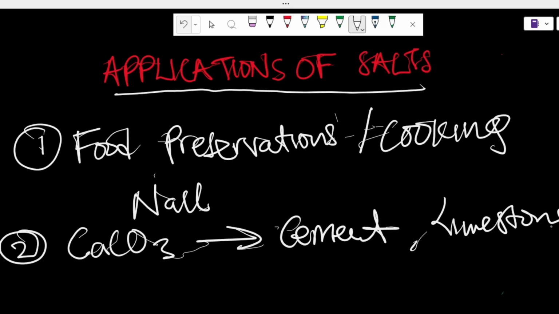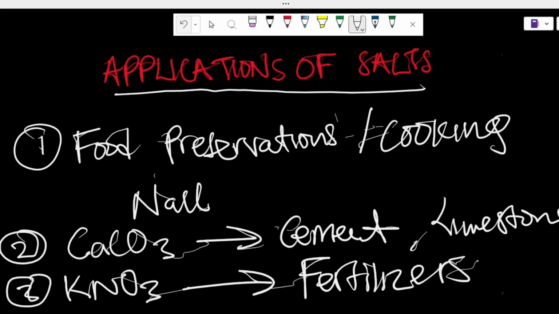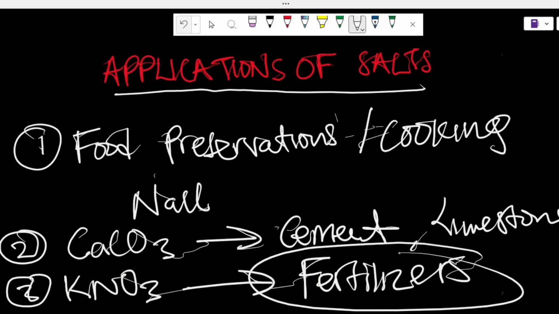Notice that calcium carbonate is a carbonate salt, and so it is very important. And also the other thing is potassium nitrate. Potassium nitrate is usually used in fertilizers.